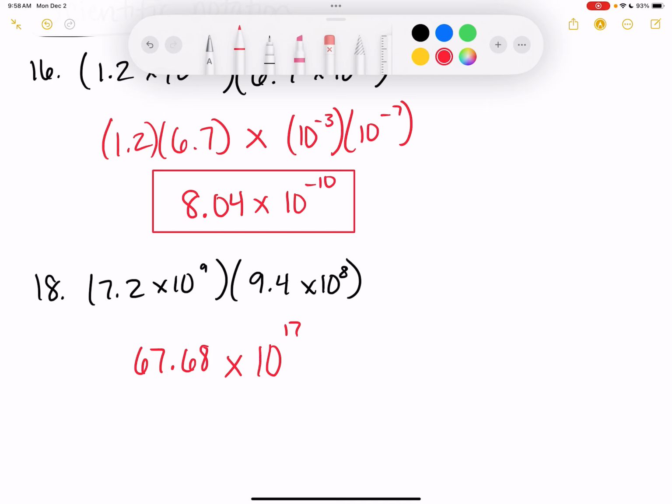It can only be 1, right? It has to be between 1 and 10. This number has to be 1 to 9. So I need to move the decimal left one spot over here, so I'm adding 1. So this is 6.768 times 10 to the 18.